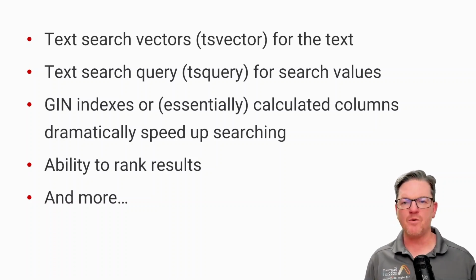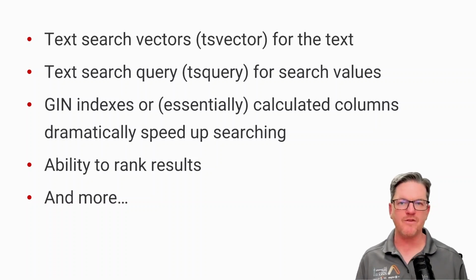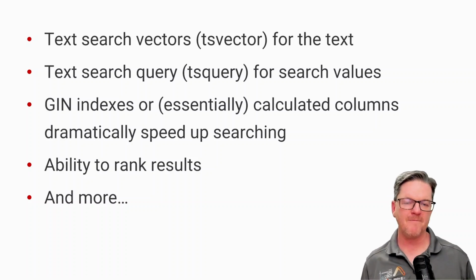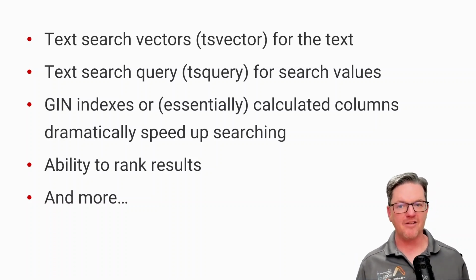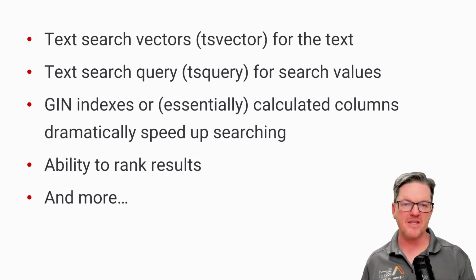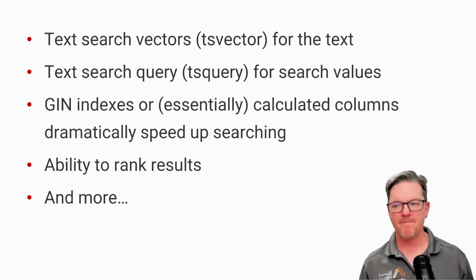We have this idea of what we call TS vector, so text search vectors, and queries, TS queries. And so you can, I'll show you an example in just one second. You can essentially say for this text field, create a vector out of it, and then probe or query that vector with this TS query statement.